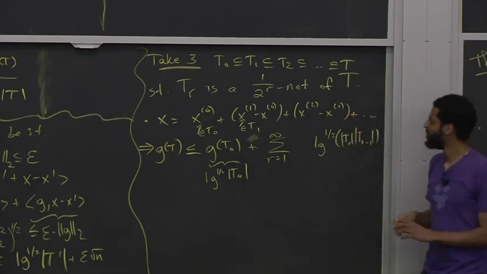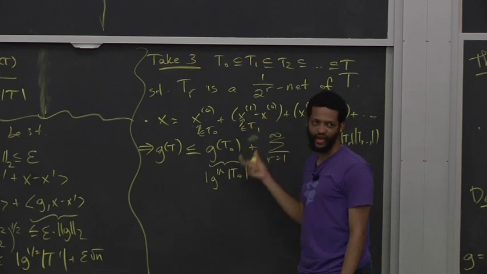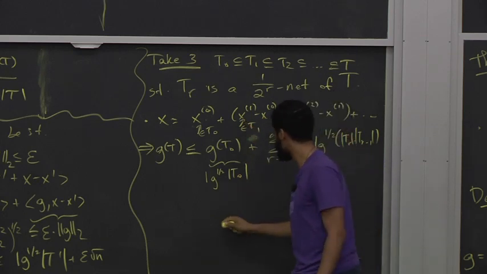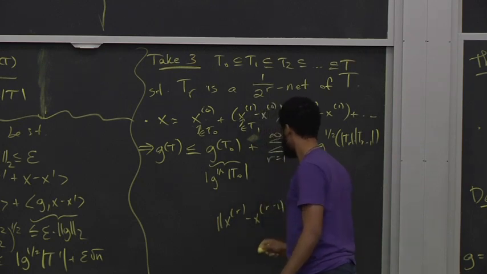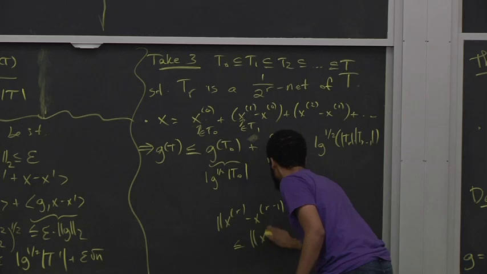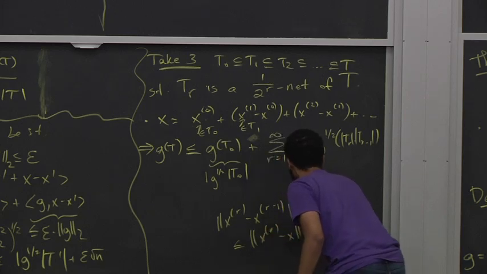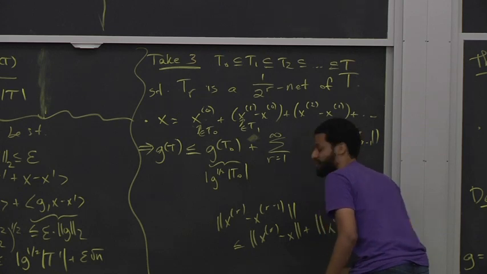Okay. And by the triangle inequality, what's the norm of the vector xr minus xr minus 1? Well, by triangle inequality, it's at most the norm of xr minus x plus the norm of xr minus 1 minus x.